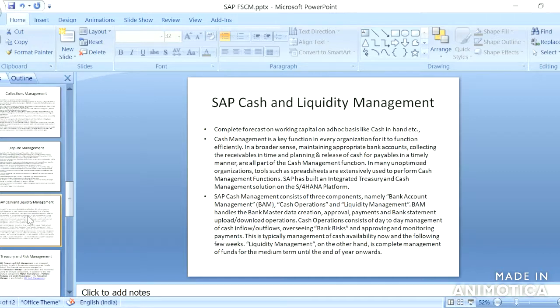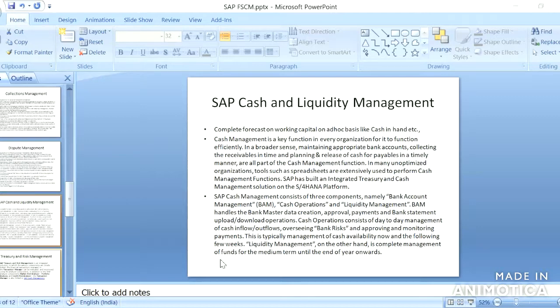This is typically management of cash availability now and in the following weeks. Liquidity management, on the other hand, is complete management of funds for the medium term until the end of the year. So all these things will be managed in cash and liquidity management.